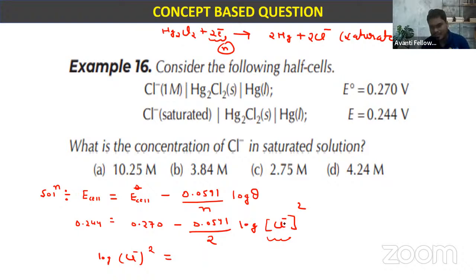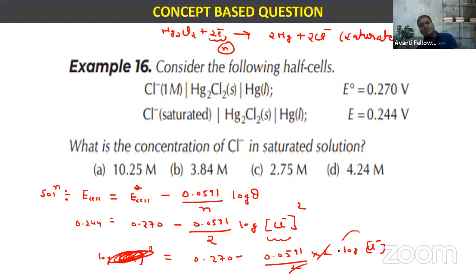You can write it in one step like 0.244 equals 0.270 minus 0.0591 divided by 2, into 2, and this log chlorine negative concentration. These two cancel, right? So on solving, you'll get the chlorine ion concentration.